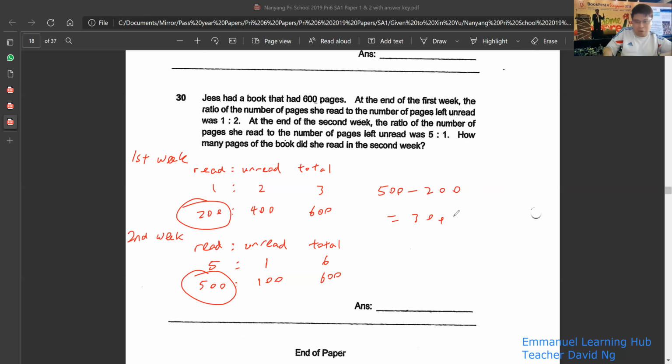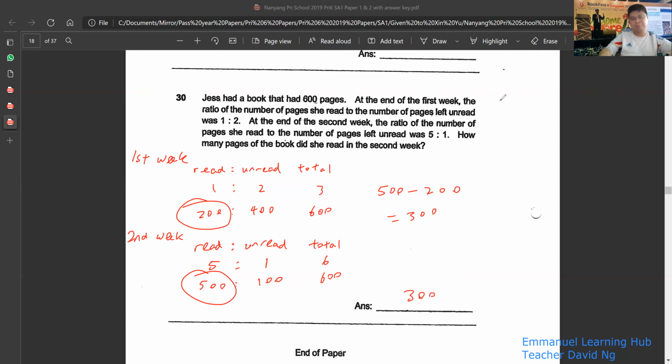Okay, for PSLE Maths, one trick is this. If you cannot do the question in ratio form, let's say you convert to the actual number, you simplify the question. When you cannot do the question in its original form, you simplify the question.